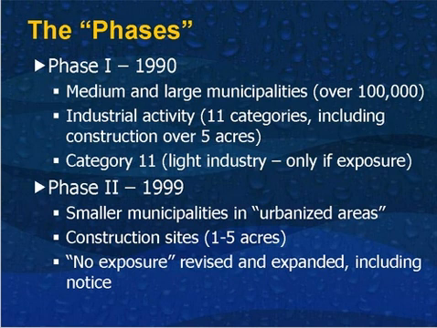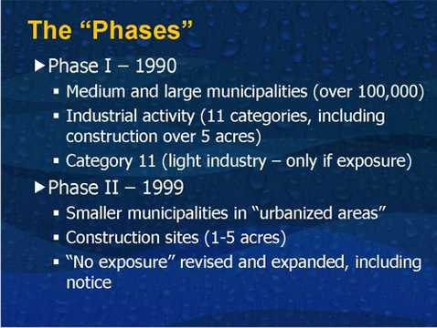It expanded the original phase one provisions and also required, when there is no exposure, that the facility still provide a notice to the permitting authority, whether that's EPA or the state, every 5 years to say that they still have no exposure. And we'll get into a little bit more detail on those as we go along.